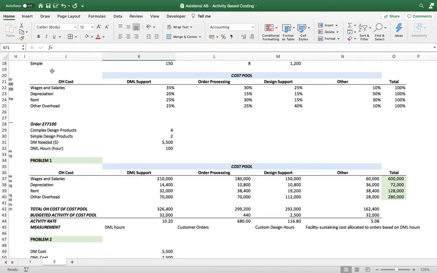For example, the wages and salaries, 35% of it will be allocated to DML support, 30% will be allocated to order processing, 25% for design support, and the rest will be allocated to the other costs. And given that information, we can find the amount in dollars for each of the cost pools.